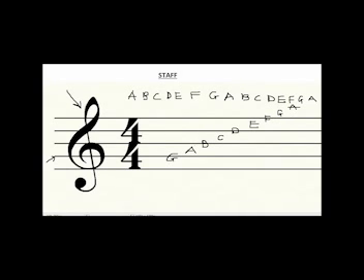And then when we are coming down, this is G. When we are going down this way, the next one is what? F. Then we have what? The next one is E. Then D. So this is space, line, space. The next one is line, which is what?